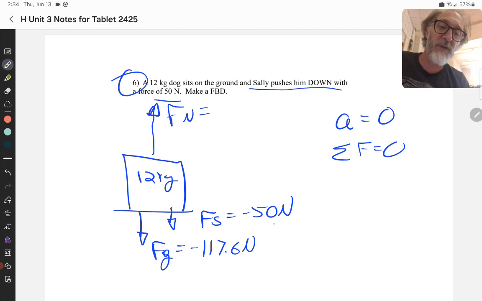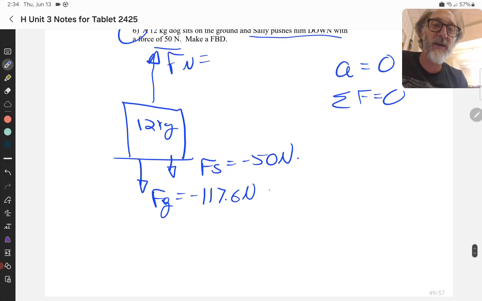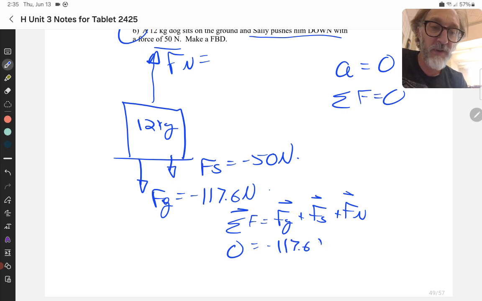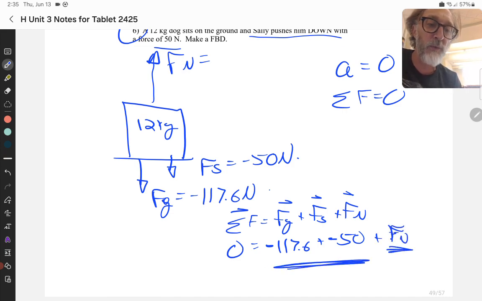Now the normal force needs to be big enough to cancel both of these, right? Mathematically, the net force is force of gravity plus force of Sally plus normal force. The net force has to be 0 because the dog is not moving. Force of gravity is negative 117.6. Force of Sally is negative 50, plus something, right? And so that one normal force has to cancel the 2 downward forces.